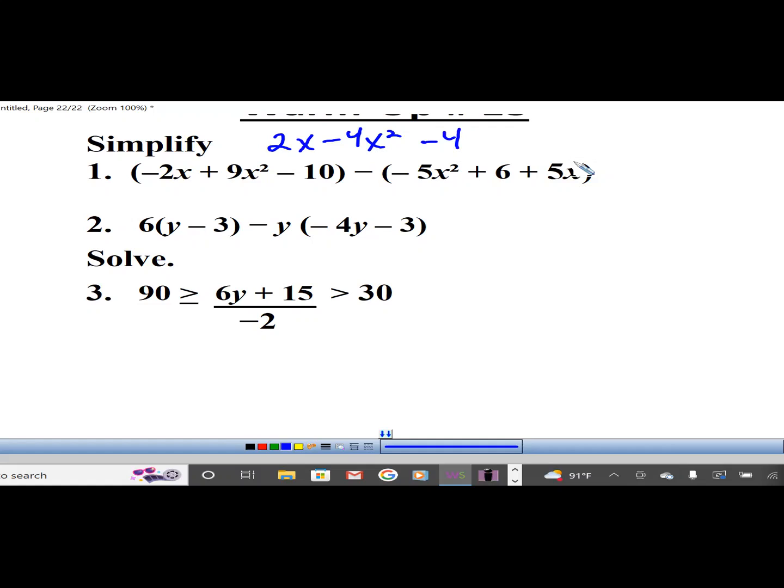Okay, close. It's still close. Okay, I'll write it out. Negative 4x squared. Minus 2x. Minus 4. And you got that?